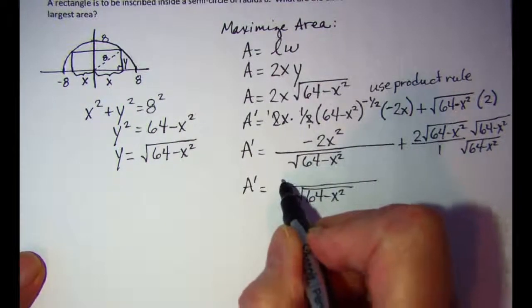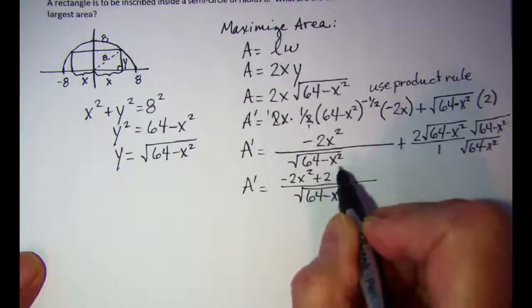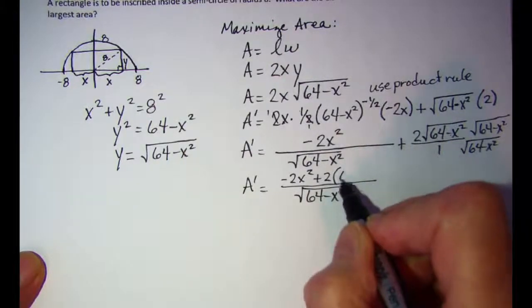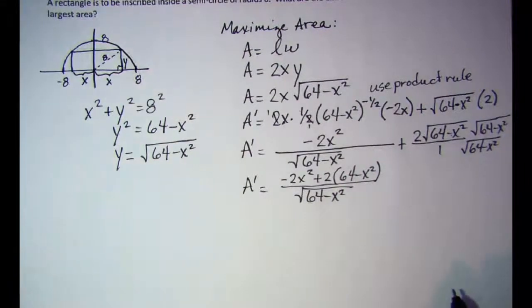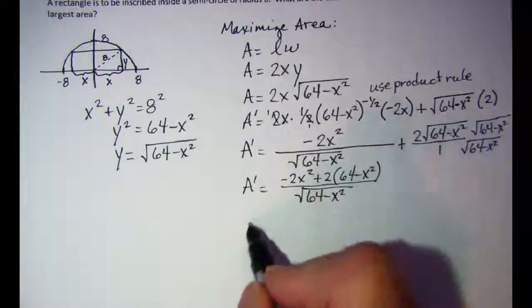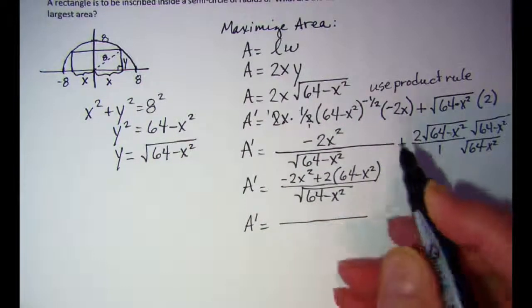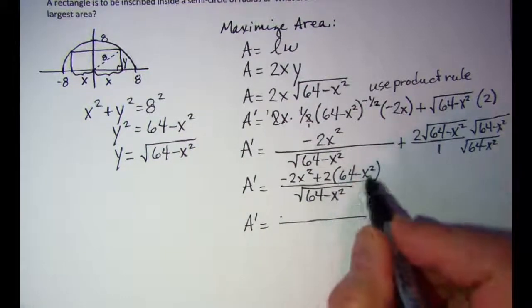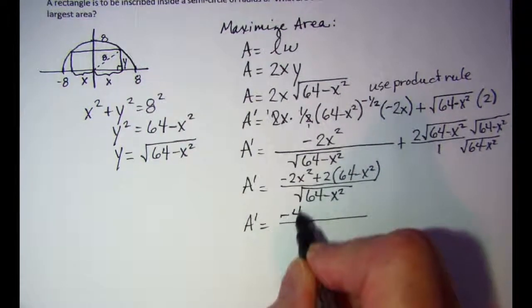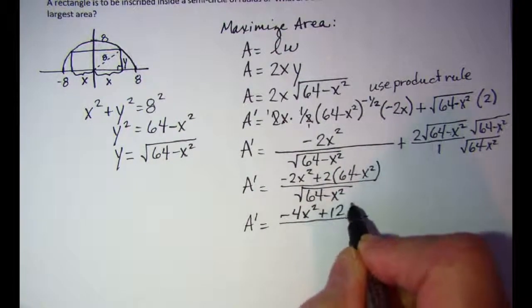And here I have a negative 2 times the quantity 64 minus x squared. This simplifies to negative 2x squared minus 2x squared plus 128.